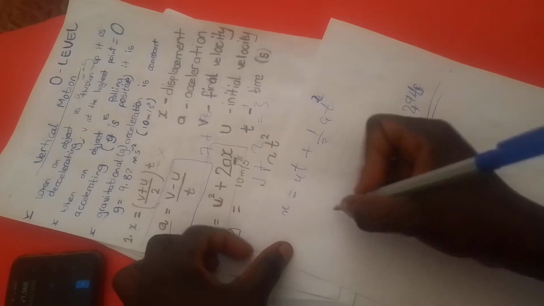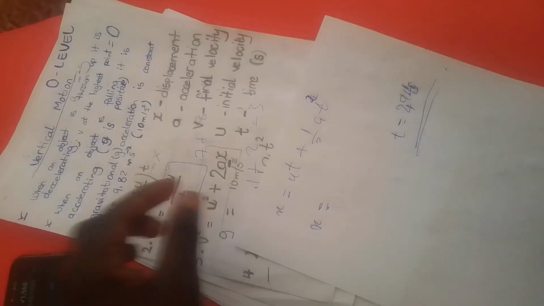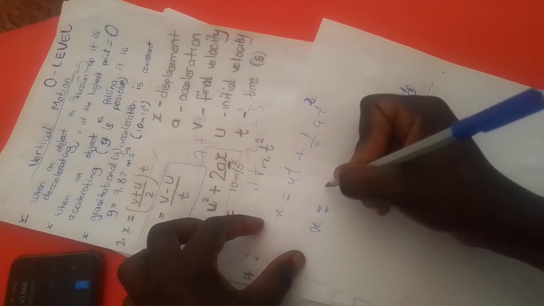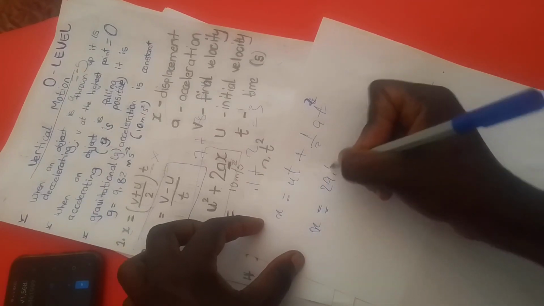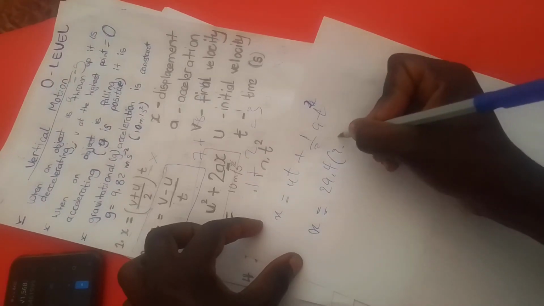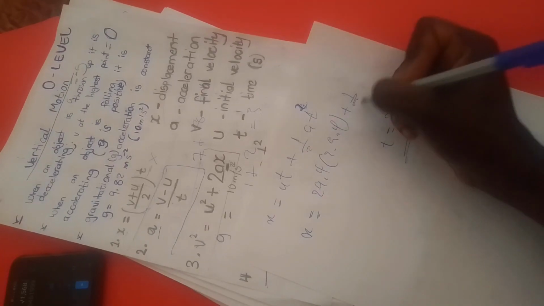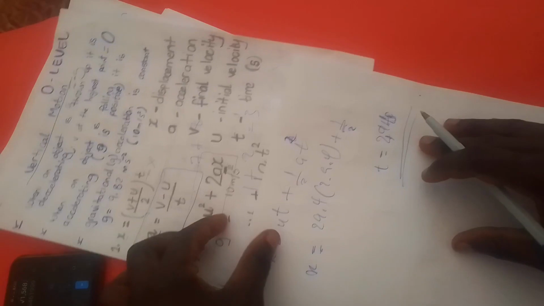Okay, so x is equal to what? 29.4, the initial velocity, times this time, 2.94, plus half of what?